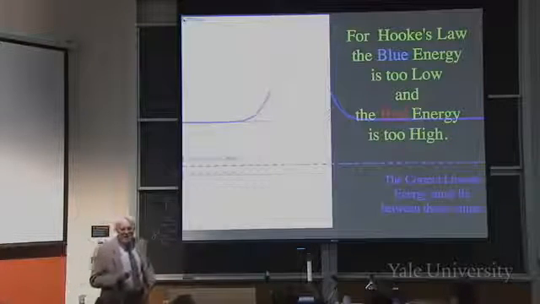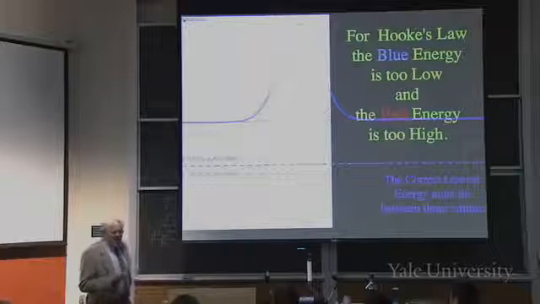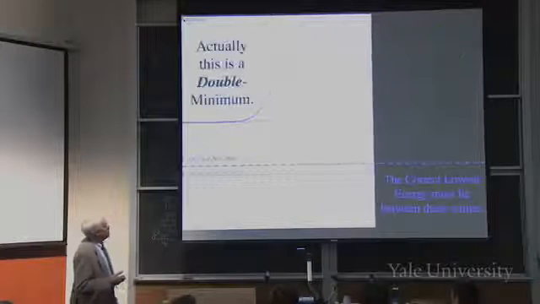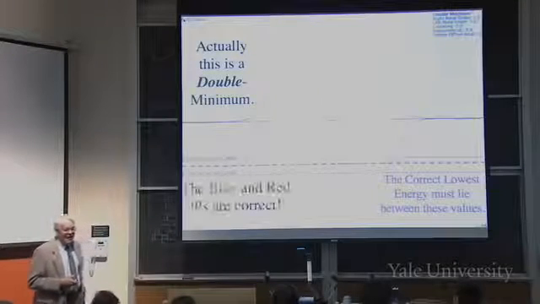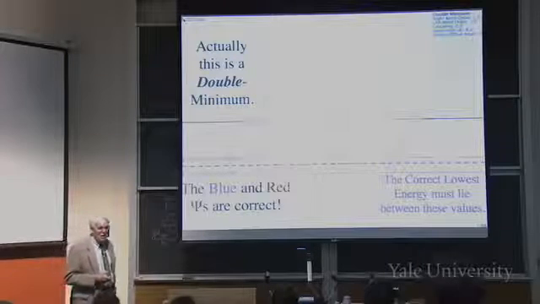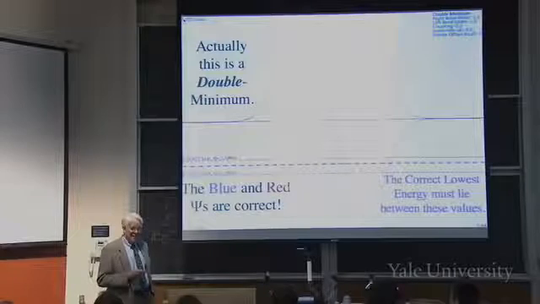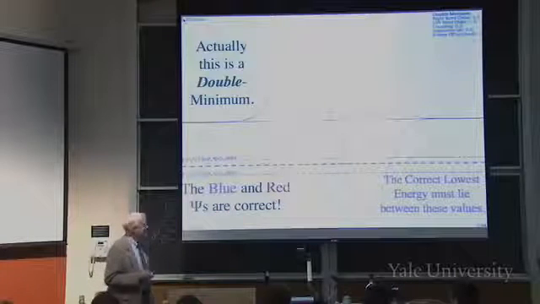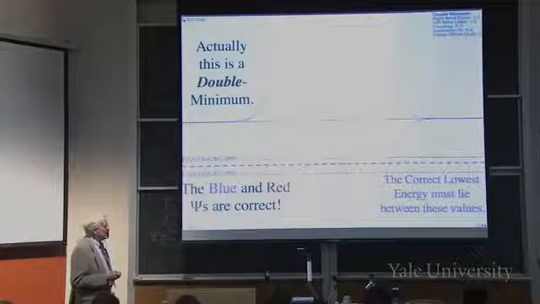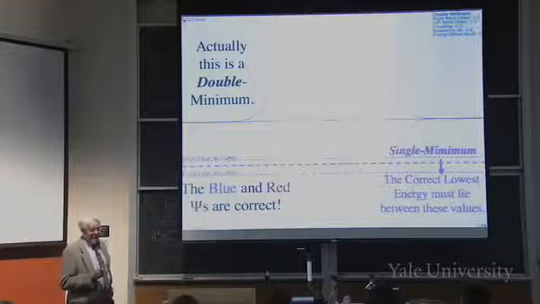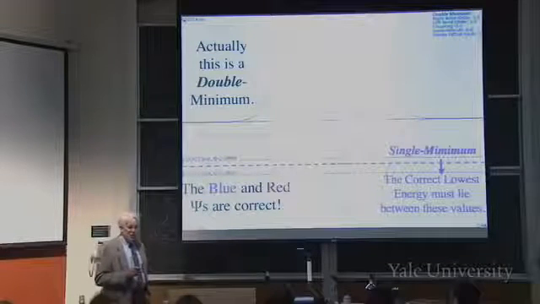Now the problem is that this isn't Hooke's law, because I didn't show you the whole picture. It's in fact a double minimum, right? And those are both true solutions. Okay? So the correct single minimum energy would lie between those two.